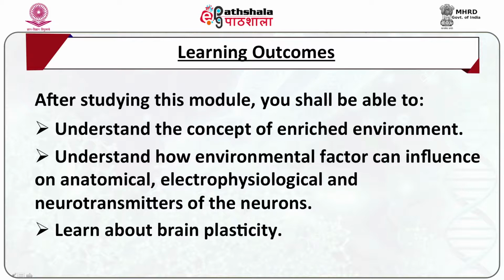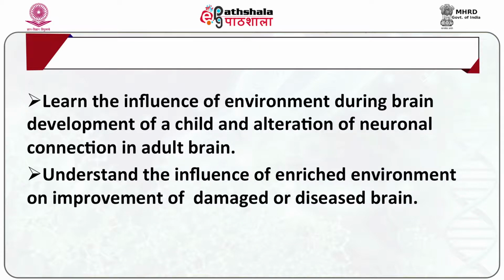You will learn about brain plasticity, learn the influence of environment during brain development of a child and alteration of neuronal connection in the adult brain. Understand the influence of enriched environment on improvement of damaged or diseased brain.